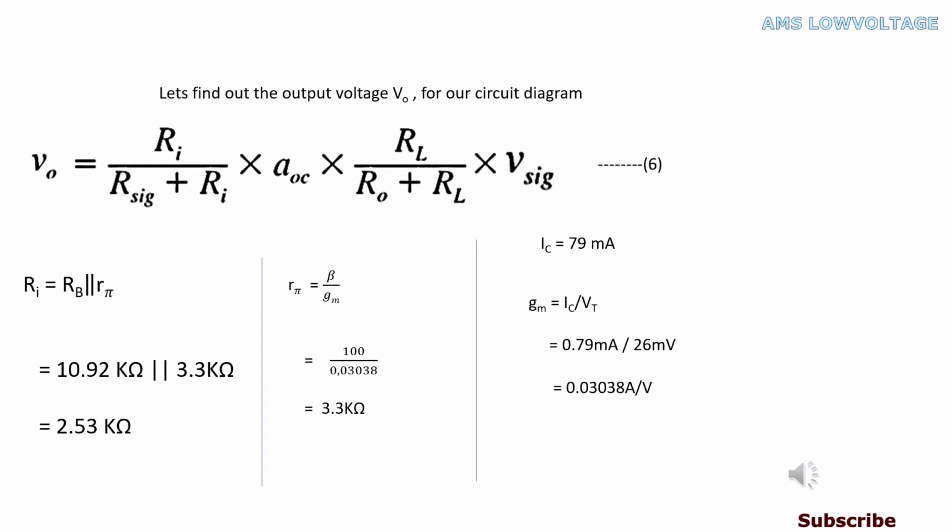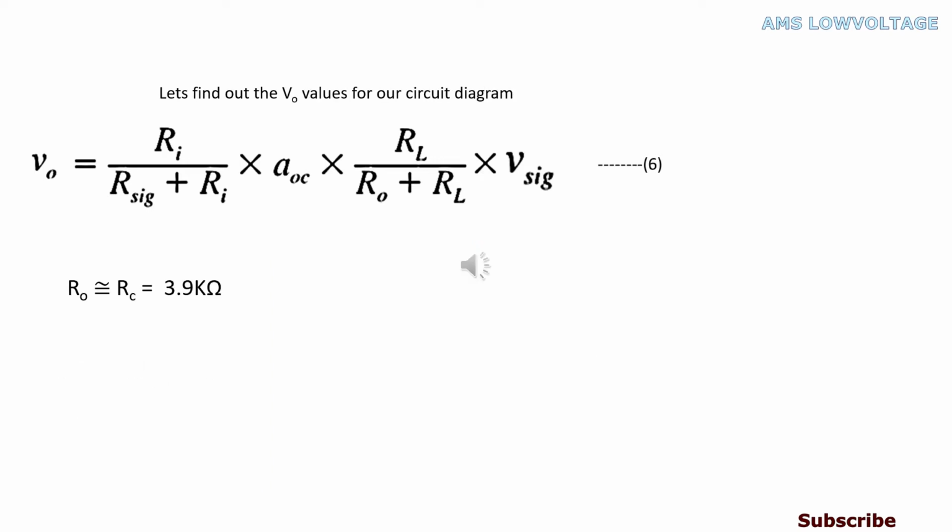After doing all the calculations, we've got Ri is equal to 2.53 kilo ohms, Rpi is equal to 3.3 kilo ohms, IC is equal to 79 milliampere and Gm is equal to 0.03038 ampere per volt. And we can get Ro is approximately Rc, where Rc is equal to 3.9 kilo ohms.